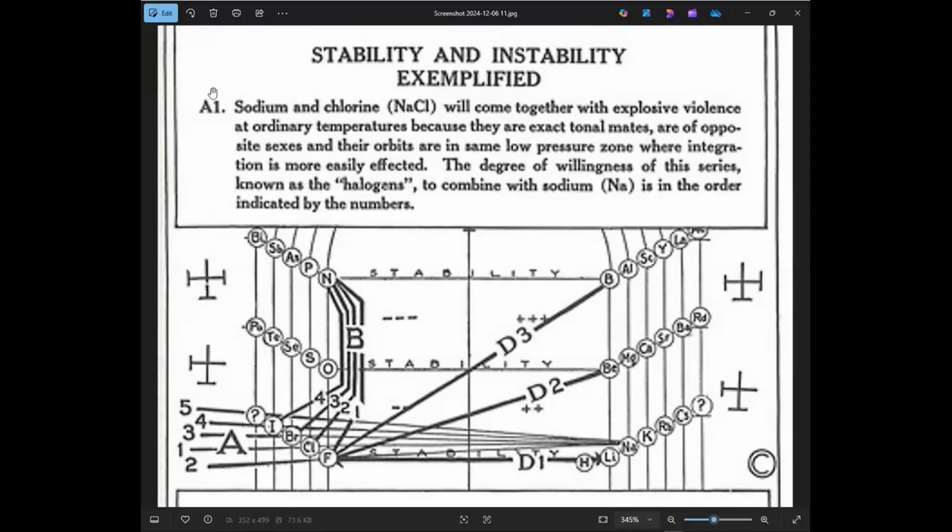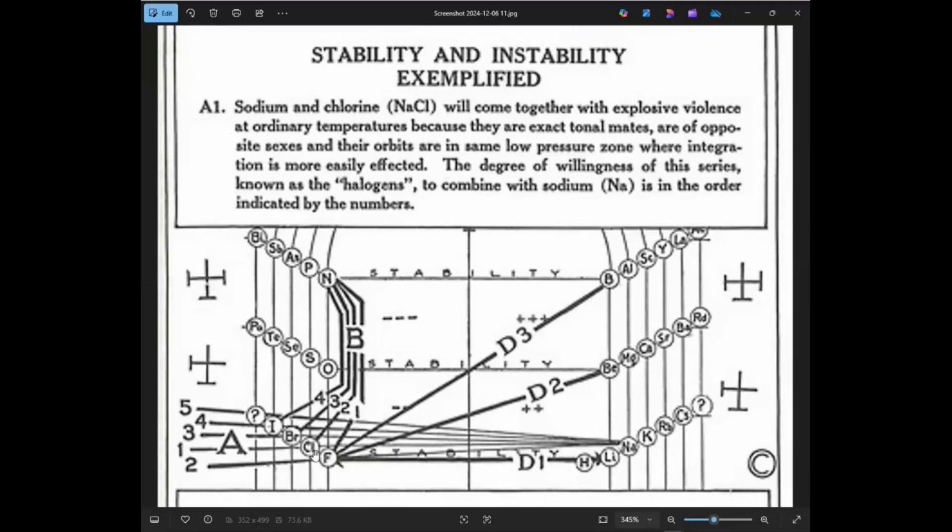So we'll start at A1. He's got the letter A over here and the number 1, and that is pointing to chlorine. He's saying, look, sodium and chlorine, NaCl, will come together with explosive violence at ordinary temperatures because they are exact tonal mates. They are of opposite sexes, and their orbits are in the same low pressure zone where integration is more easily affected.